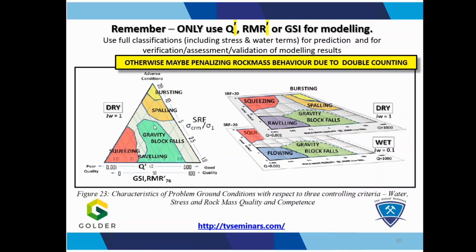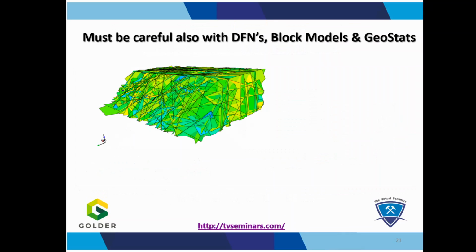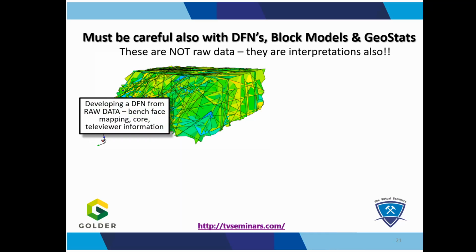If you don't, you may well be penalizing your rock mass behavior due to double counting. We need to be careful too with interpreted information, such as discrete fracture network block models and geostats data. These are not actually data, they're interpretations.